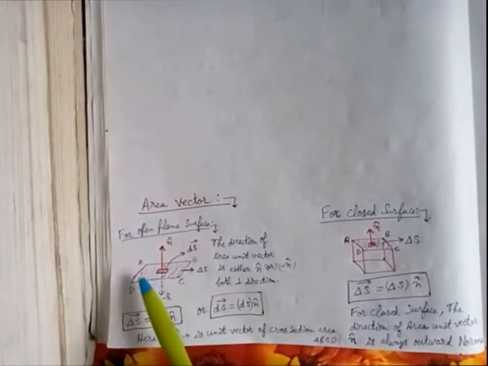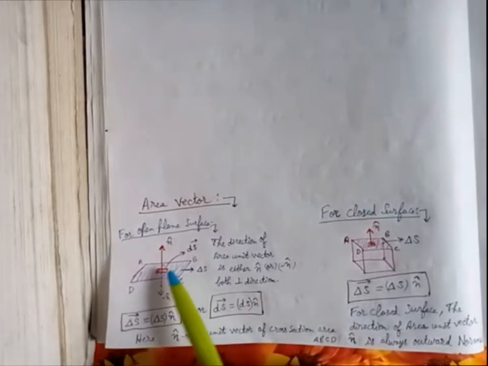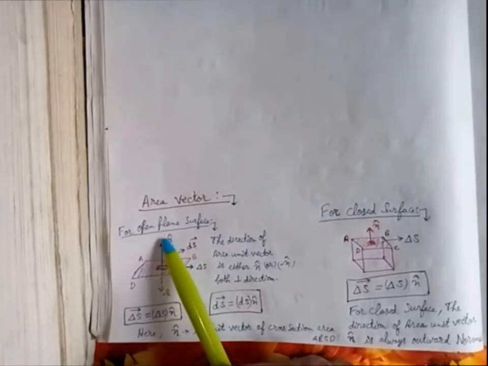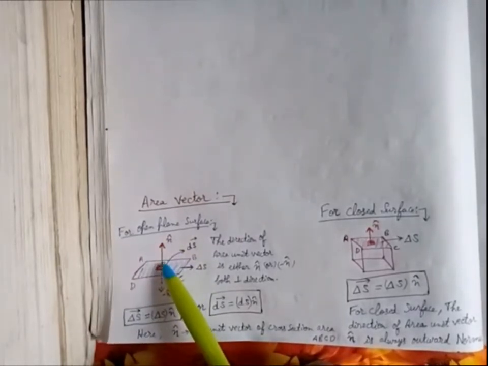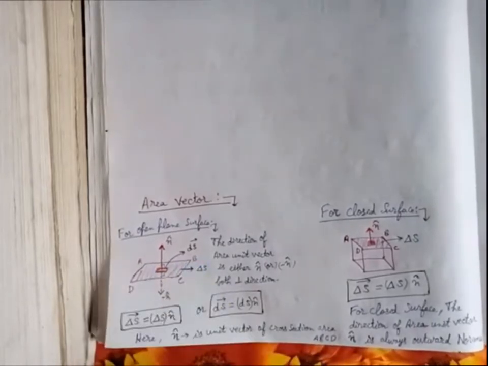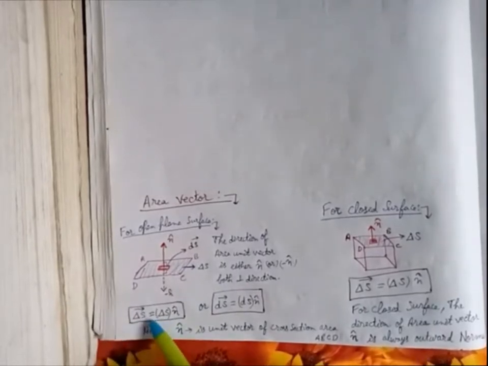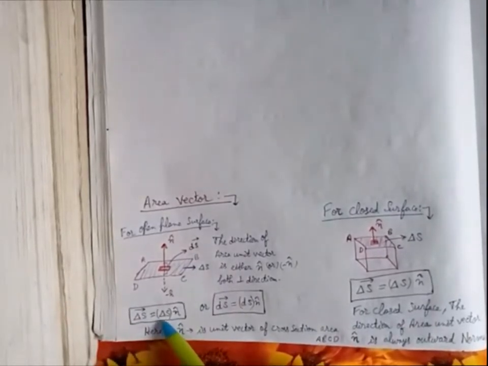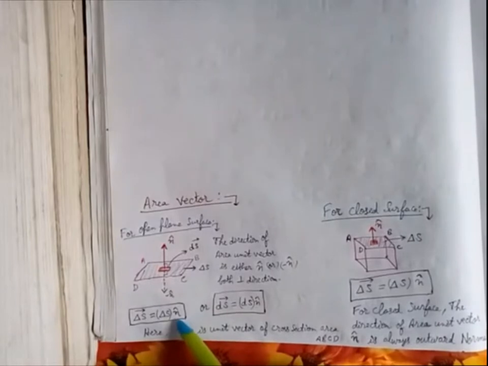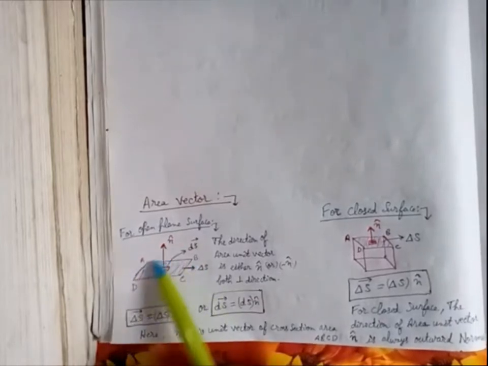So when there is an open plane surface, the area vector is either perpendicular in upward direction or perpendicular in downward direction with respect to this plane. So this area vector delta S is equal to delta S, the magnitude part, and n cap is the direction, that is the unit vector direction of that area ABCD.